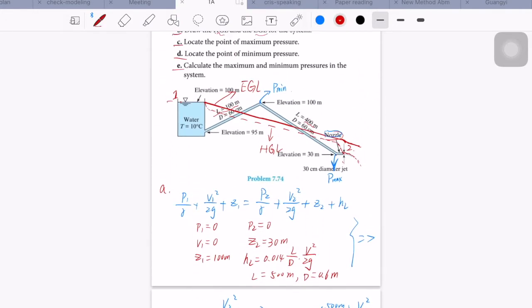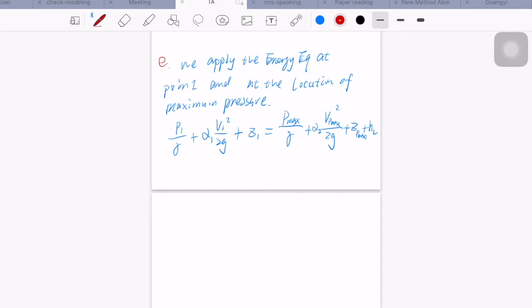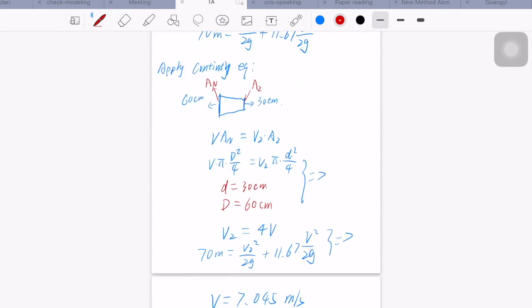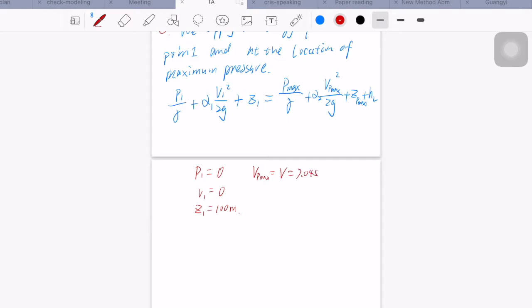And from this figure, we know that P1 should be equal to 0, V1 is 0, Z1 is 100 meters, and the velocity at the maximum pressure should be equal to V, which we have calculated at point V as 7.045 meters per second, and the elevation of P max is 30 meters.